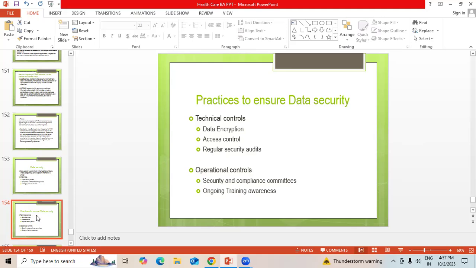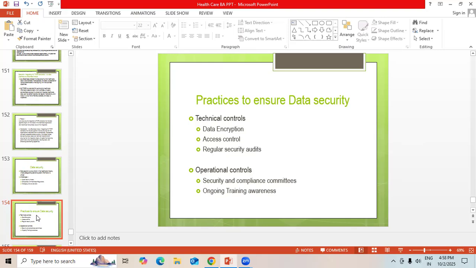Technical controls, the first one is data encryption, encrypting the data in the form of EDI files, so that data cannot be intercepted during transmission, through an encryption and decryption format. This is one of the critical measures to protect patient information. That's the reason we follow EDI, electronic data interchange, where data transmission happens through electronic formats.